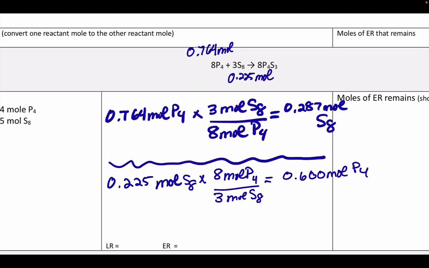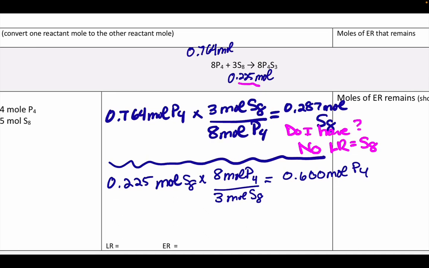So once I have those, either one of them, I always want to ask myself, do I have this? Do I have 0.287 moles of S8? And you can see here that I don't. So when I say no, I don't have it, then that is my limiting.